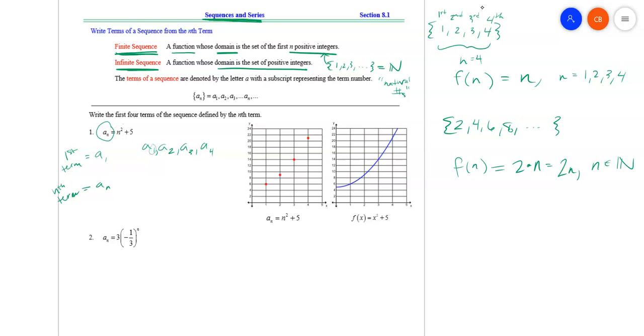You're plugging that in for n, so it would go 1 squared plus 5 would be that number, and then the next one would be 2 squared plus 5, and then 3 squared plus 5, and then 4 squared plus 5. Those would be our 4 terms there, and we can get these ones. 4 plus 5 is 9, and then 9 plus 5 is 14, and then 4 squared is 16, plus 5 is 21. So we would get these 4 terms.